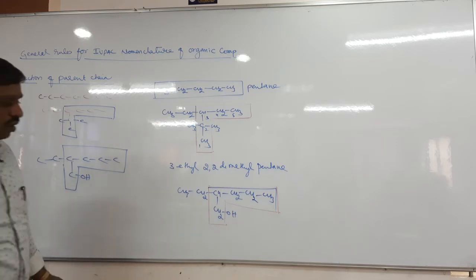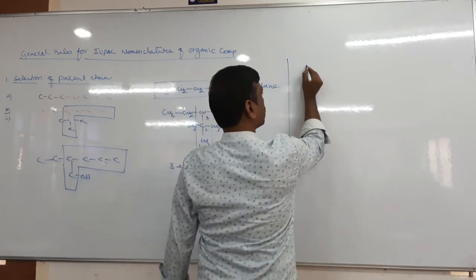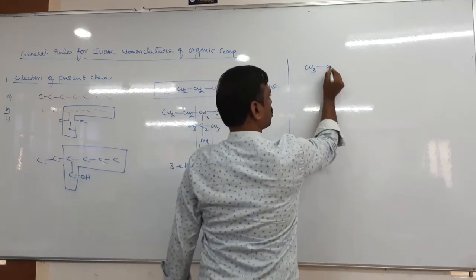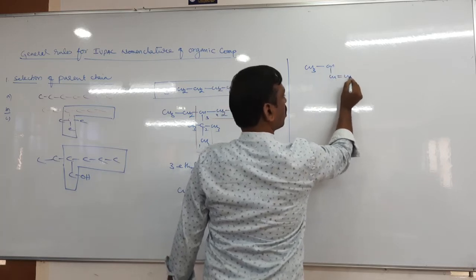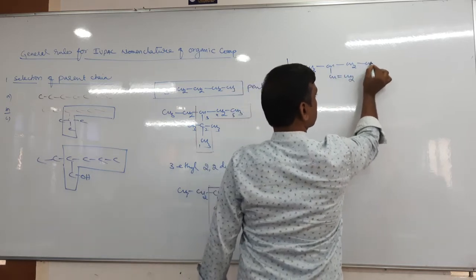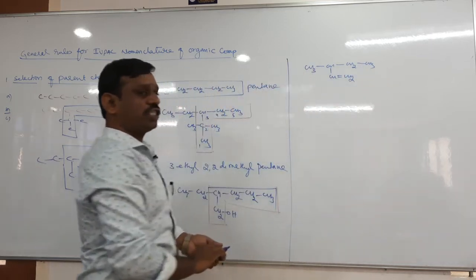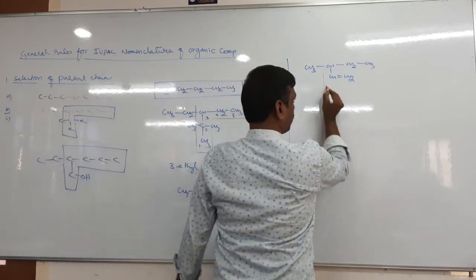Understand? Next, one more example. CH3 CH double bond CH2. Which is the parent chain? Select the parent chain, and we will write the name later.